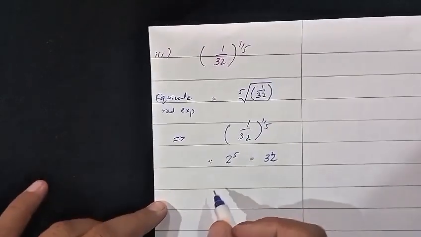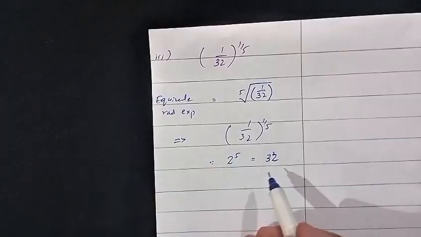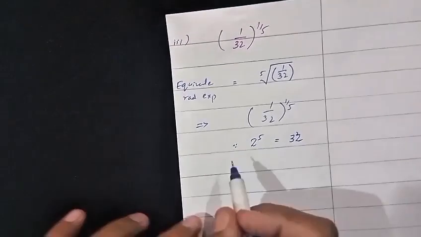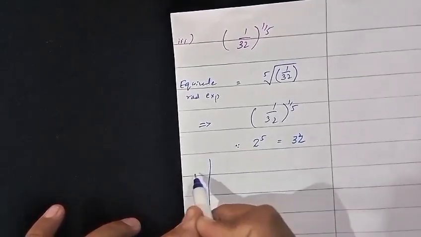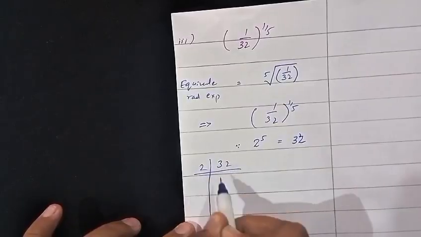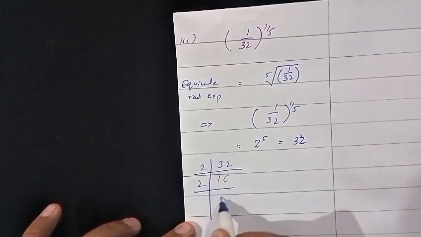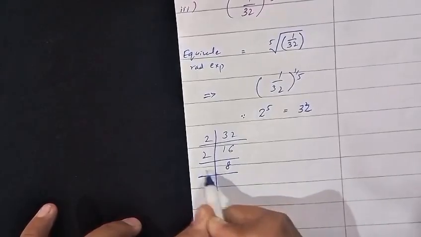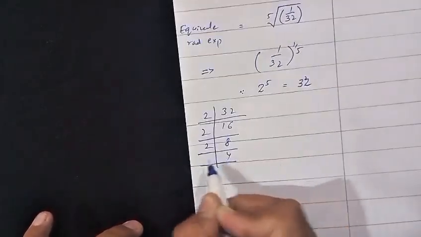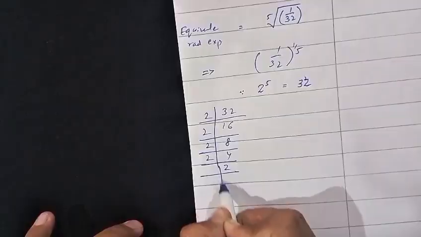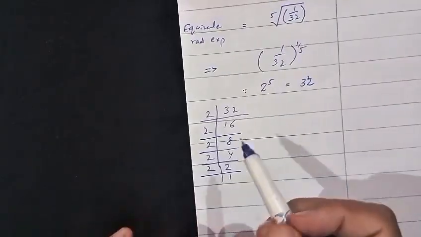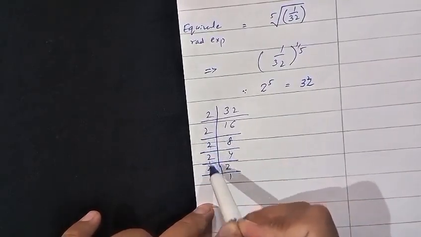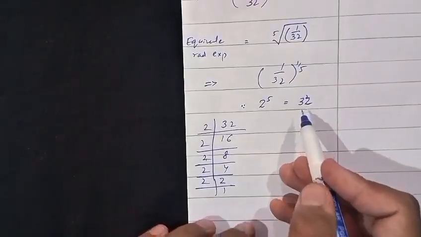So we can find the factors of 32 by this process, like 2 1s are 2, 2 6s are 12, 2 8s are 16, 2 4s are 8, 2 2s are 4 and 2 1s are 2. So here we count 2, 1 2 3 4 5, so it's 2 power 5 which is equal to 32.